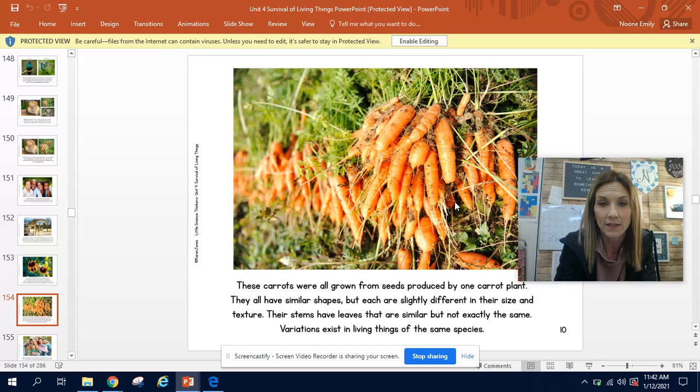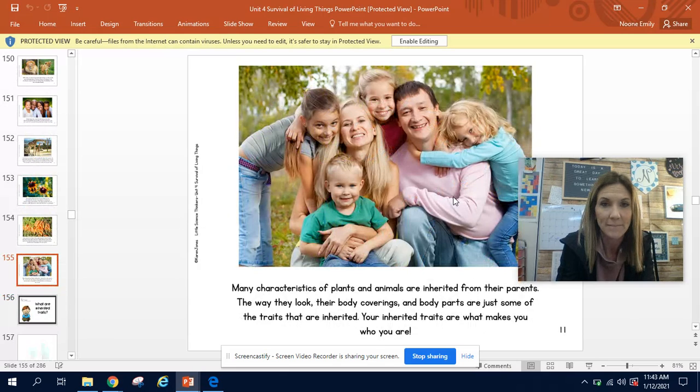Look at these carrots. They all have similar shapes. You can tell that they're all carrots, but they don't look exactly alike. Many characteristics of plants and animals are inherited from their parents. The way they look, their body coverings, and body parts are just some of the traits that are inherited. Your inherited traits are what makes you who you are.